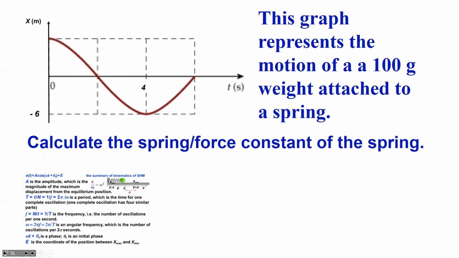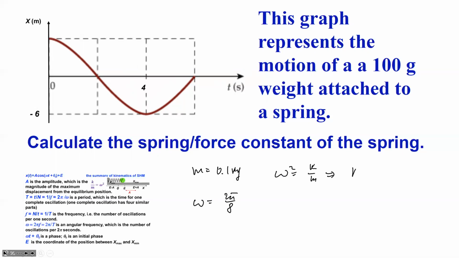Now, if we know that the mass is 100 grams, and we know the omega because it's 2 pi over 8. On the other hand, omega squared is equal to k over m.